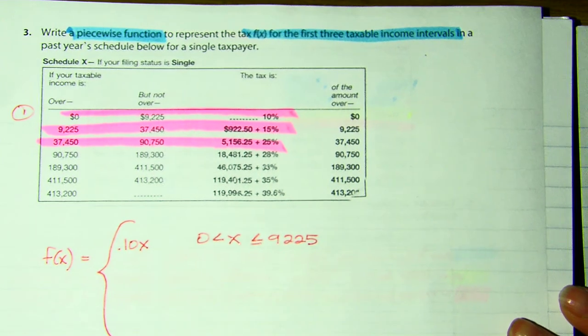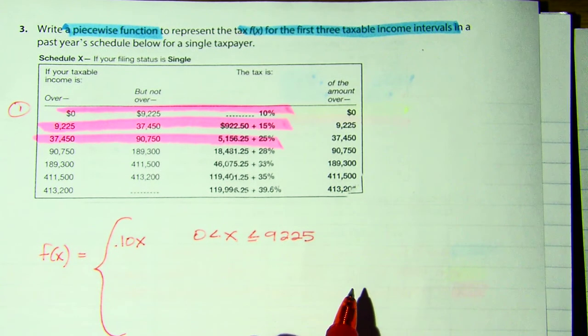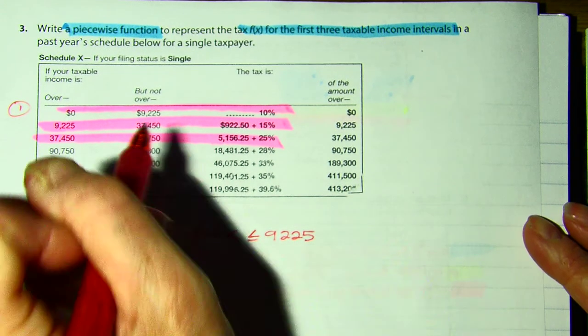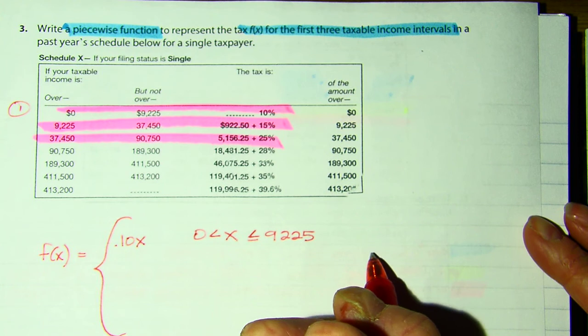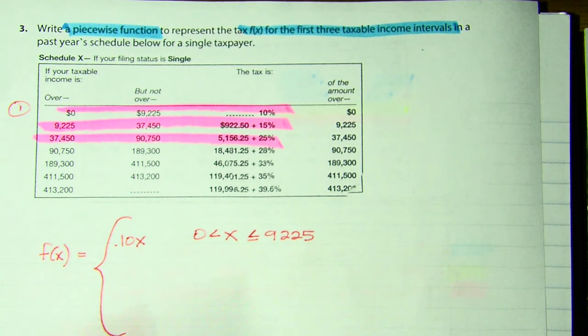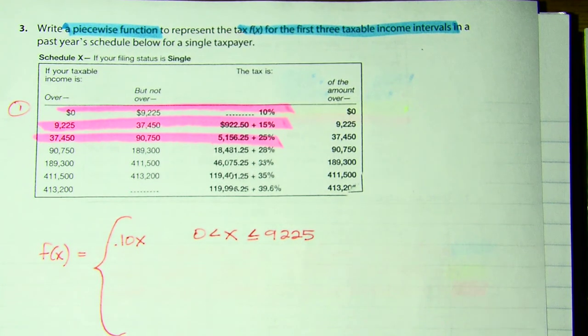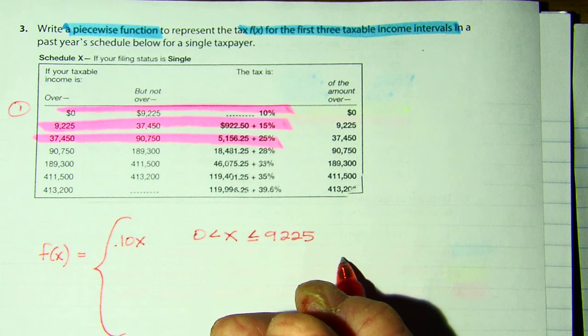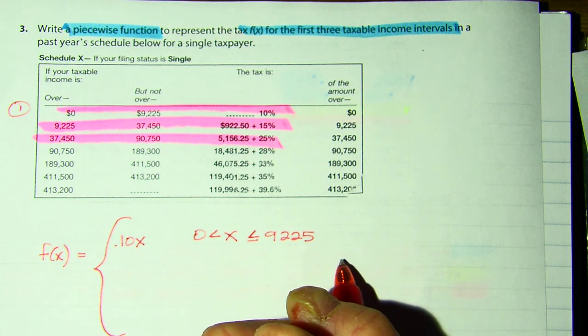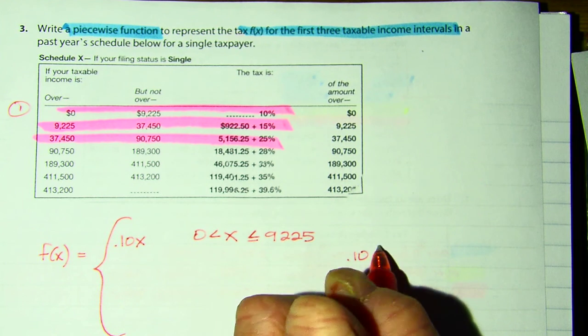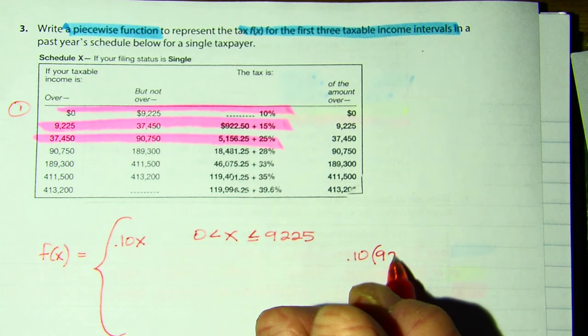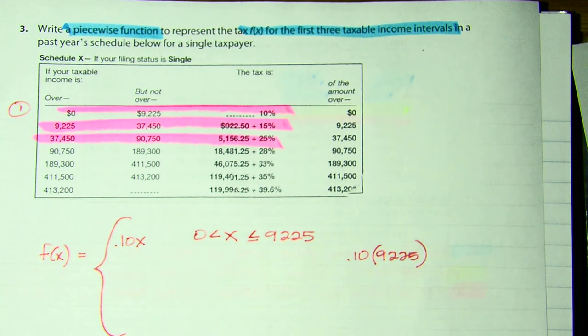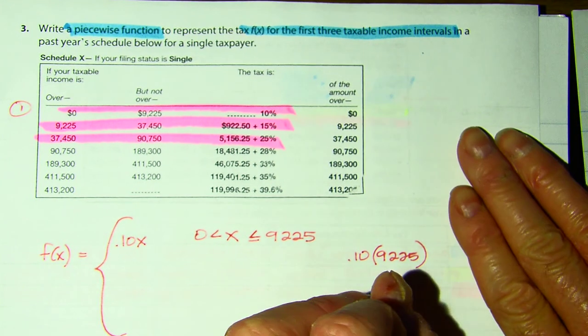Now, this next one, I'm going to have to take the largest amount I could have made in that category. Wait, let me grab my calculator. If I take 10% and multiply that by the most I could have made in the last bracket, that gives me, hold on, that's not it.